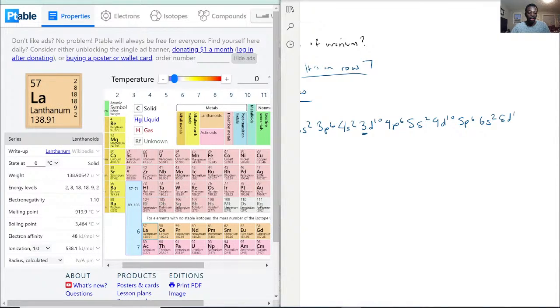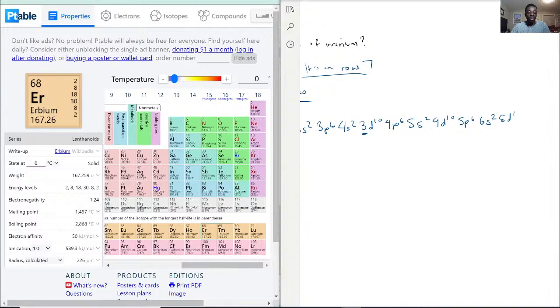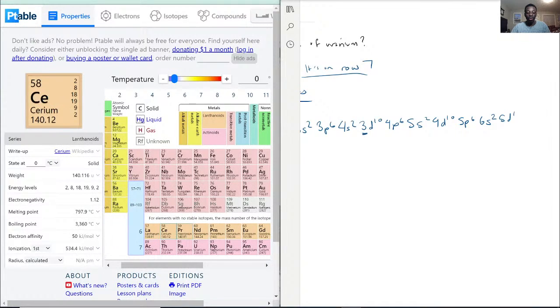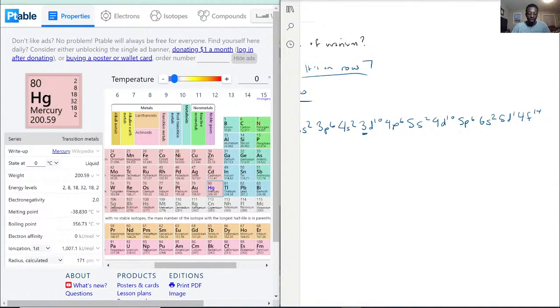But then we have to address this lanthanum series, which will actually be your F shell, and there's 14 of them. This encompasses the whole lanthanum series. We have 4f14, okay? And then we get back to the D subshell from hafnium through mercury.